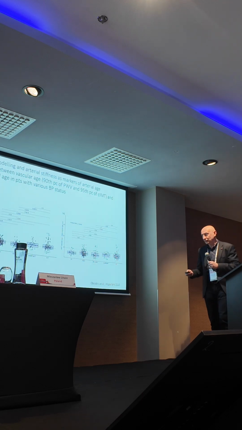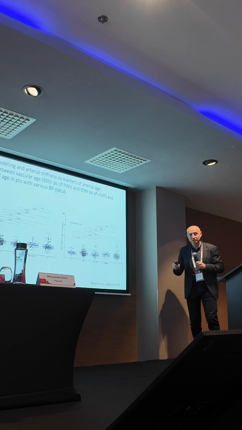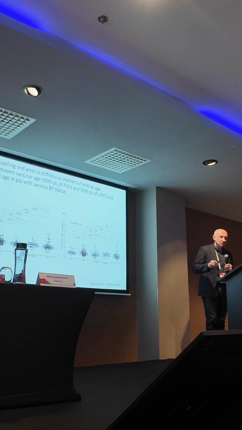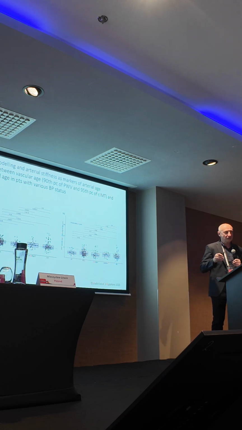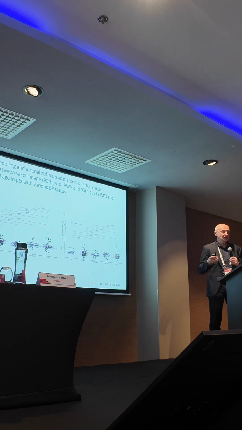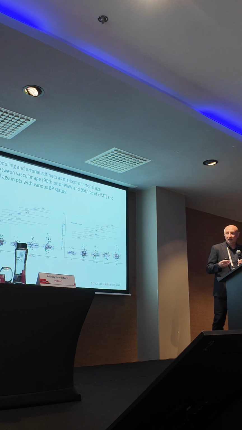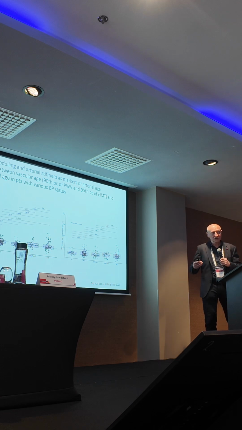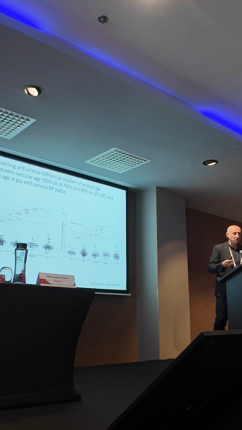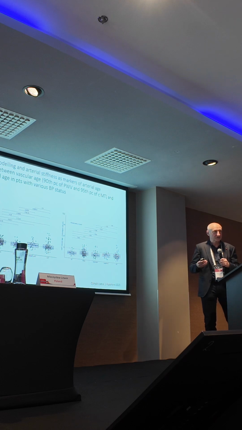The other point I would like to mention is to look at the assessment of arterial damage, CIMT and pulse wave velocity, as signs of biological aging. So the stiffer the arteries, the thicker the arterial wall, the older your arteries.